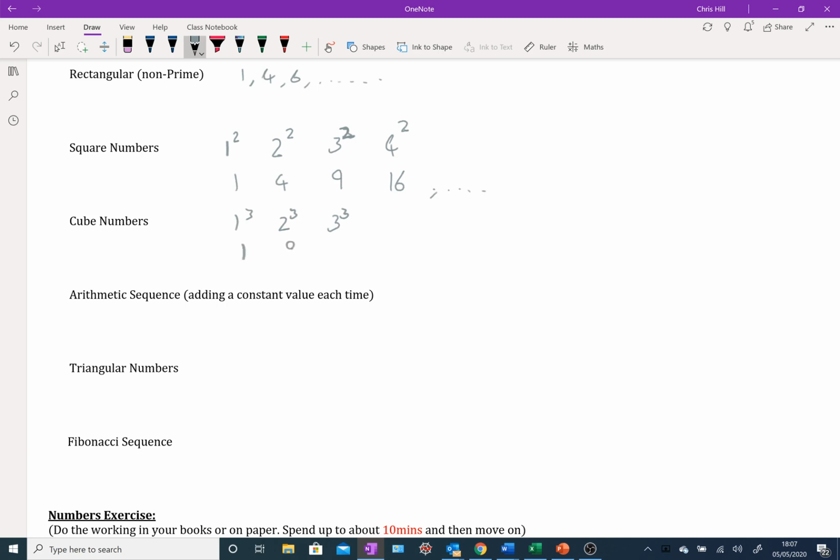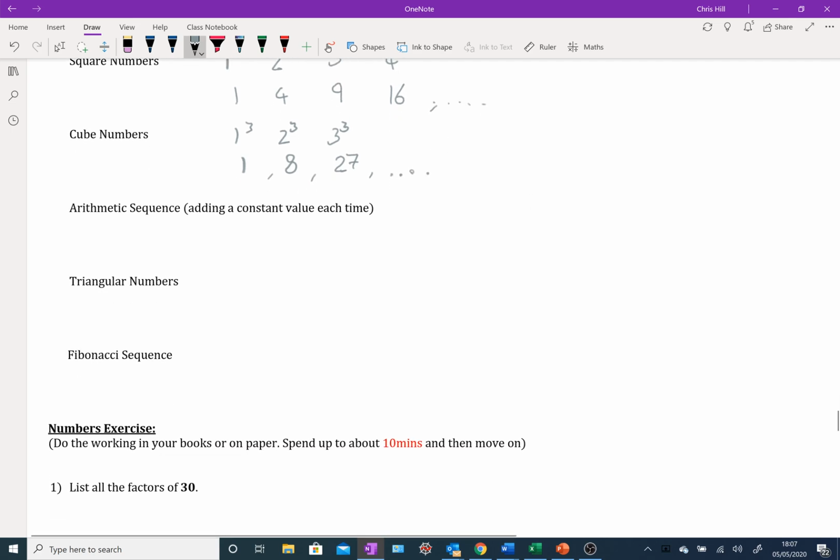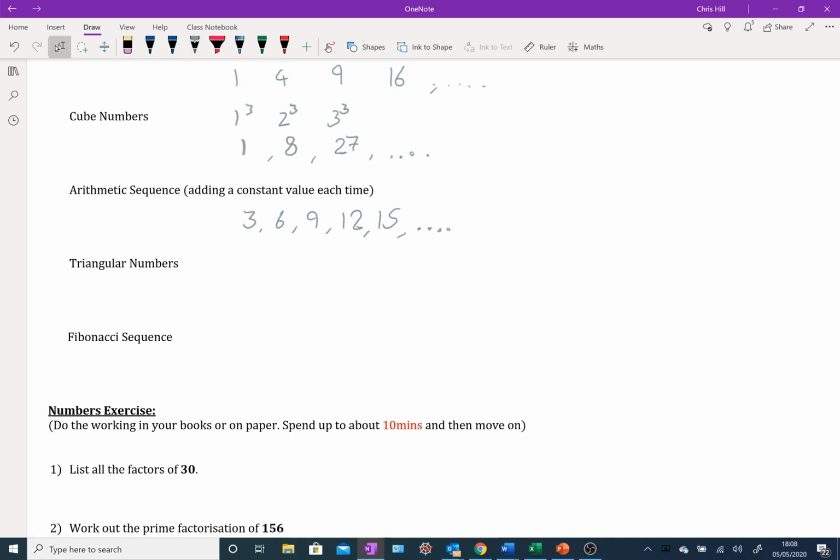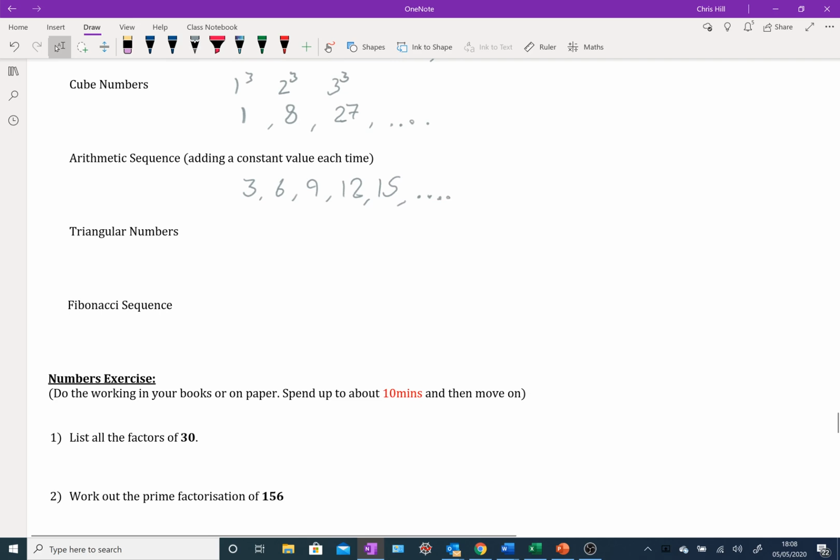So that would be 1, 8, 27, etc. You get the idea. Arithmetic sequences, where you're adding a constant each time. So an example of an arithmetic sequence might be 3, 6, 9, 12, 15, etc. You're just adding a constant value each time.